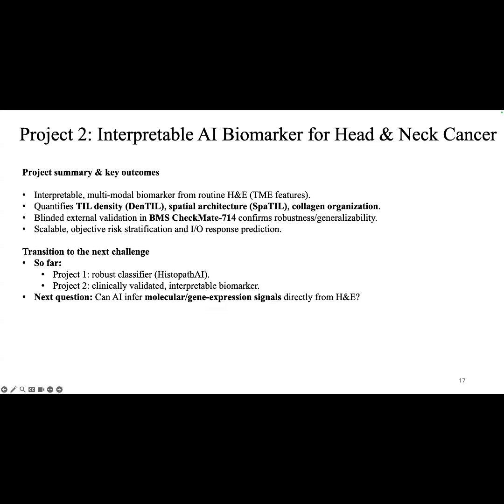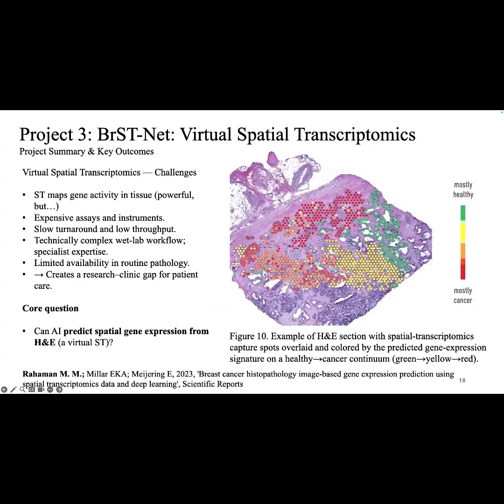Now we want to see whether we could develop a molecular and gene expression signal directly from H&E. So Project 3 tackles spatial transcriptomics. We know that spatial transcriptomics maps gene expression in tissue, but it's too expensive and complex for routine use.